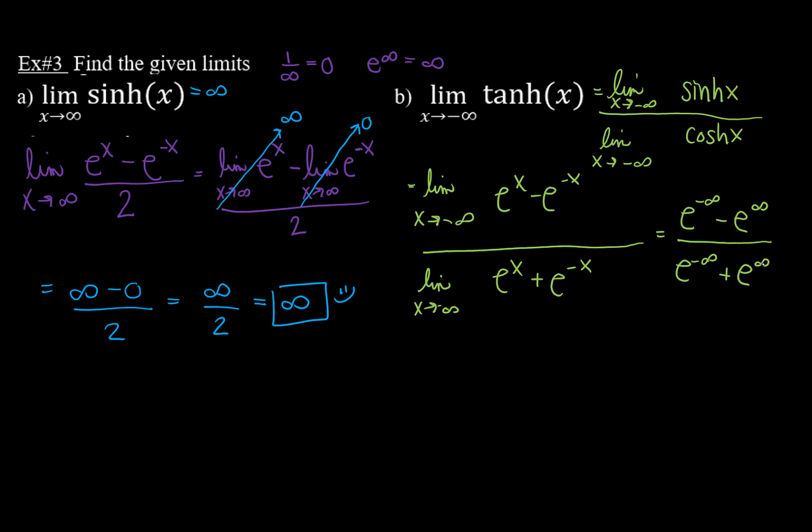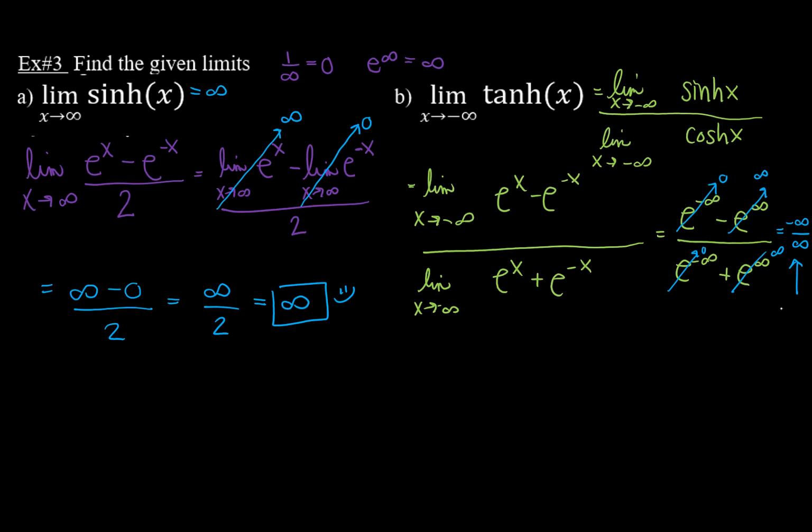Let's get a different color here. This one goes to 0, this one goes to infinity. This one goes to 0, this one goes to infinity. What we end up with is 0 minus infinity on the top, which is negative infinity. On the bottom, we end up with 0 plus infinity, and this gives us infinity.